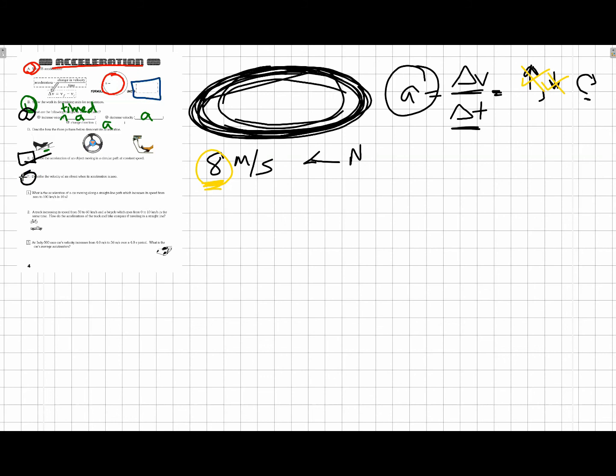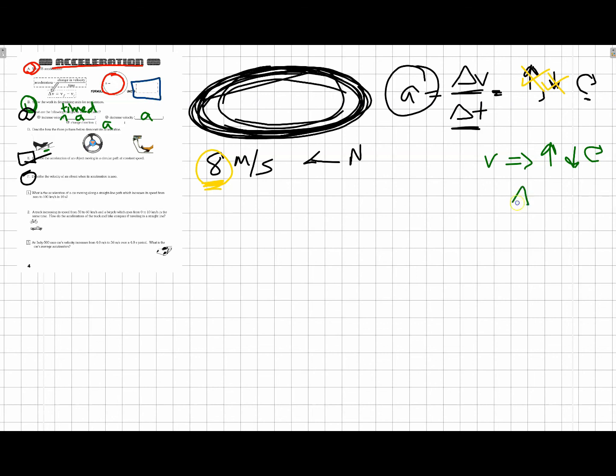Letter F. Describe the velocity of an object when the acceleration is 0. Most of us before this class probably thought of acceleration as just going faster. Well, going faster actually is velocity, because velocity can be going faster, slower, or changing directions.